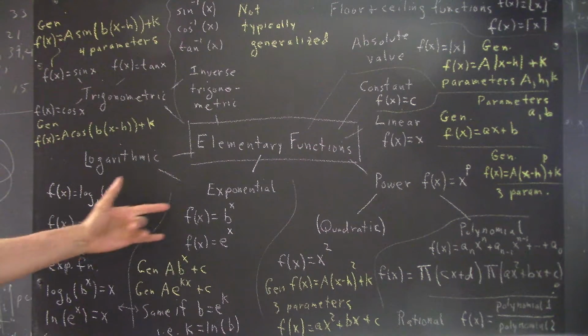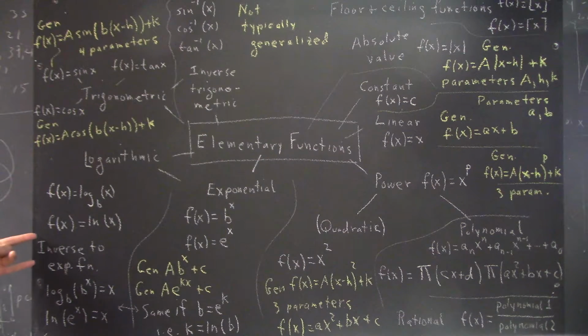These functions come directly from these functions by the inverse function relationship. Again, something you might or might not be familiar with, but it's a fairly easy idea once you've worked through it in a little bit of detail.